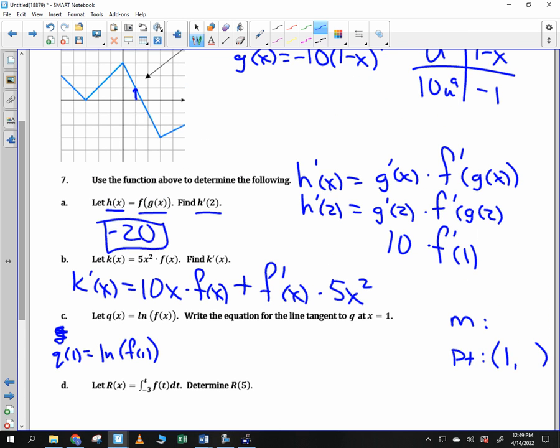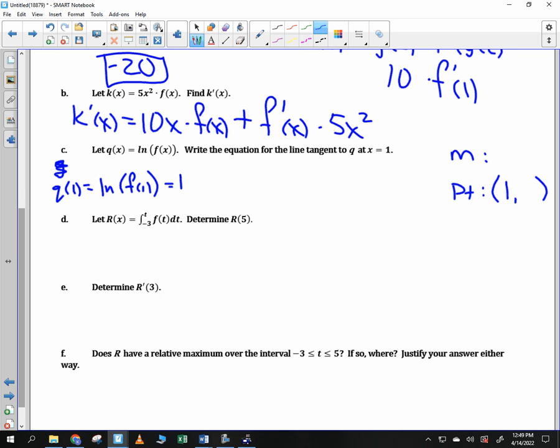What is f of 1? One. Like if you plug 1 in the function, you get 1, right? Okay. So this is equal to the natural log of 1.